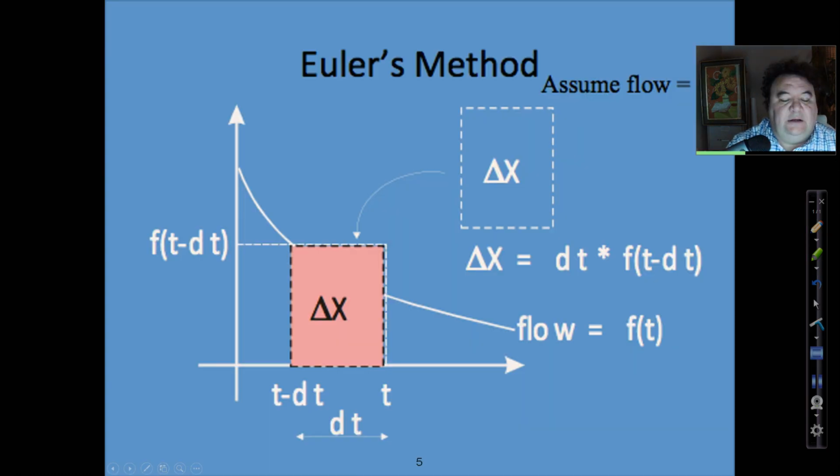So how does the geometric interpretation work for this particular method, and how do we understand intuitively why one method is better than the other? When we have the starting value f of t minus dt, now the increment is the product of the variation in time, so this direction, and the value of the vector, and let's say we have a one-dimensional vector, so the dimension in this side.